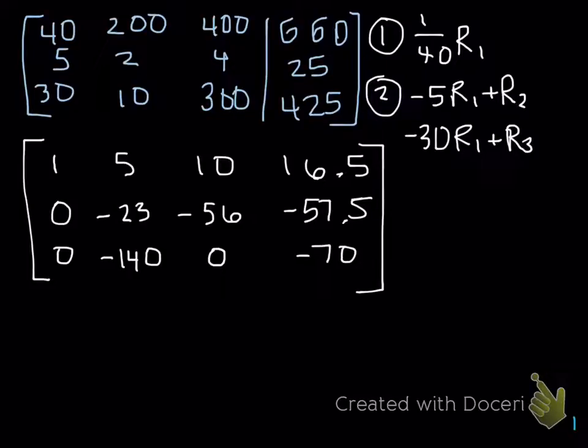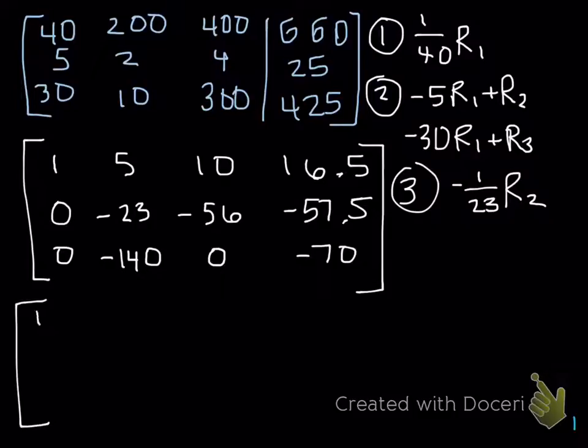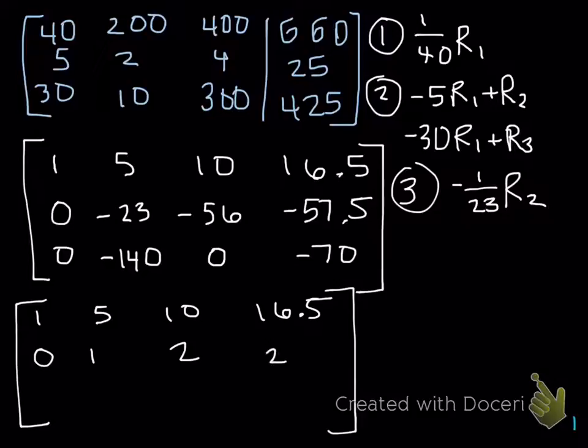So now we need to work on getting 1s and 0s. So my next calculation, I'm going to multiply row 2 by -1/23. So 1, 5, 10, 16.5. So I have 0, 1, this will be 2, and this will be 2.5.